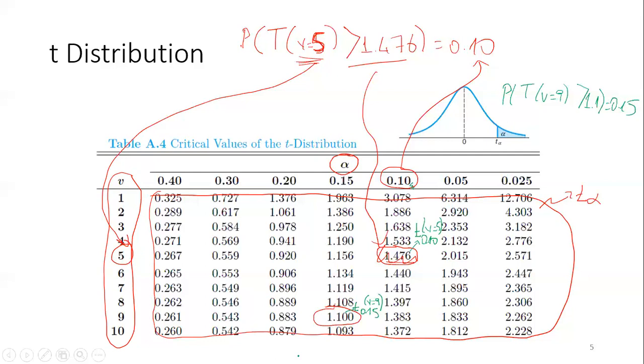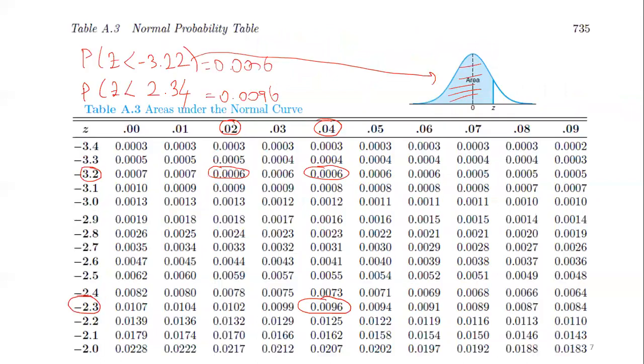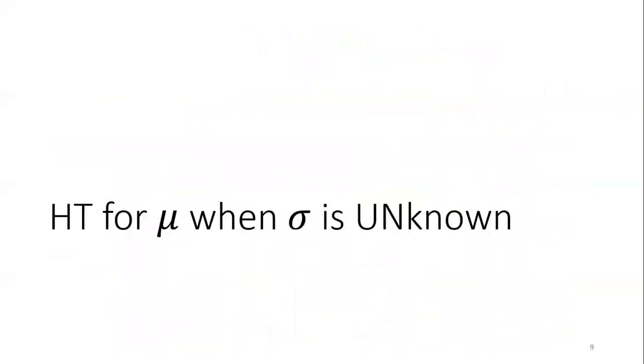This is how you should read the t distribution table. We will solve some questions in the recitation hour as well. So now this is the t distribution, and this is how to read it.